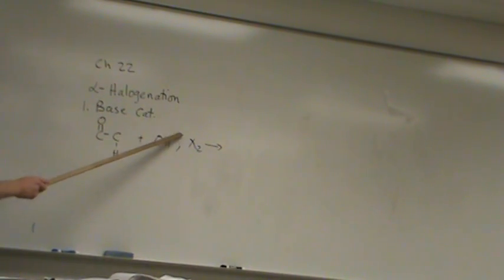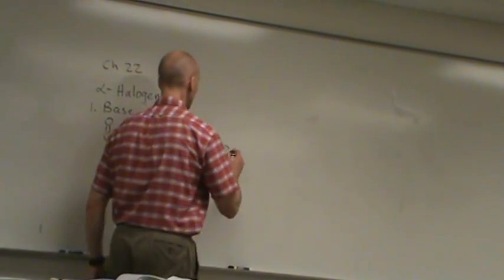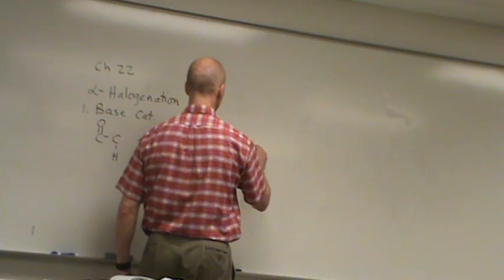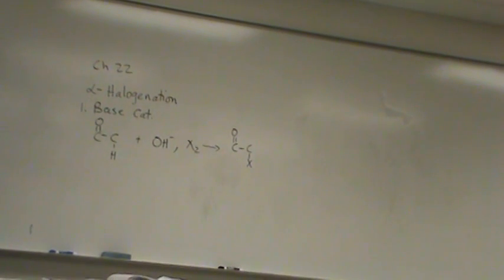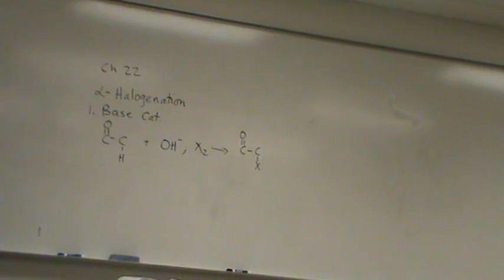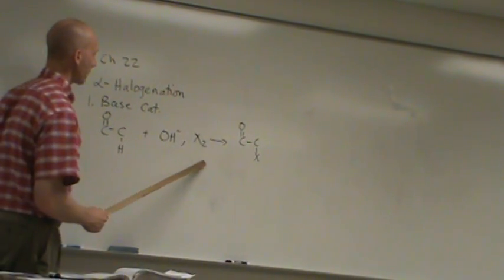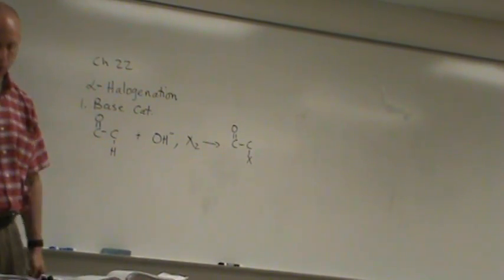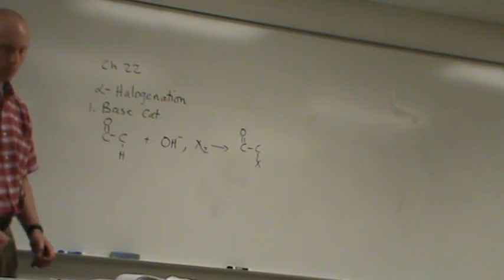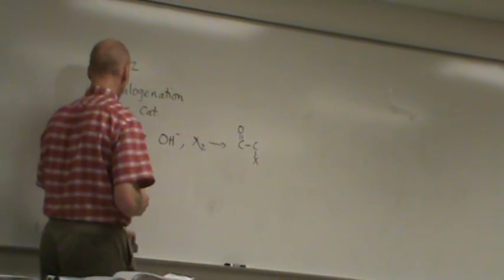We're now going to start shifting to OH minus. And then remember, X stands for halogen. So we'll have a halogen substitute for the alpha hydrogen. These will typically be bromine or chlorine in doing these reactions. Let's go ahead and look at a few of them here.